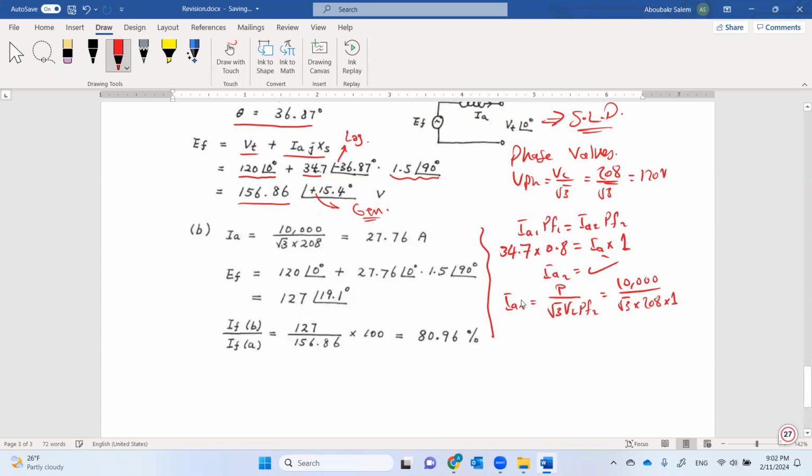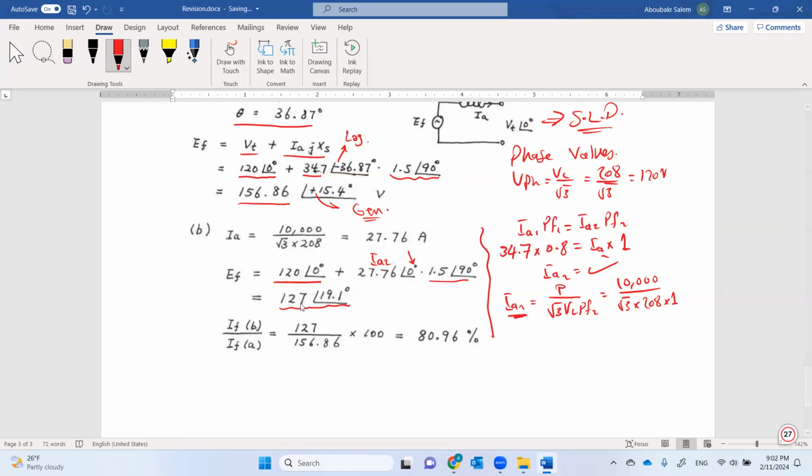And after getting this current, guys, we can calculate the value of excitation volt. Since the power factor is unity, the current angle is 0. So we can say now EF equals VT at angle 0 plus IA2, at angle 0 because it's unity power factor, times jXS. So we got now the second value of the excitation volt.